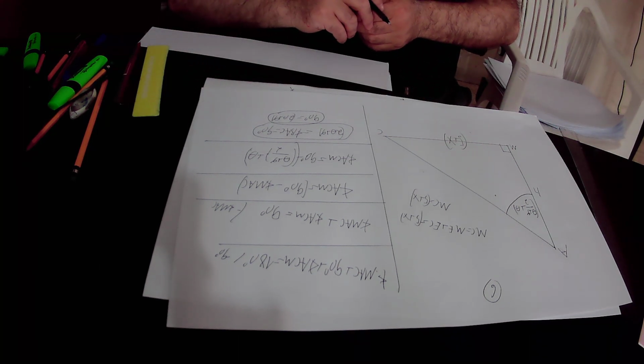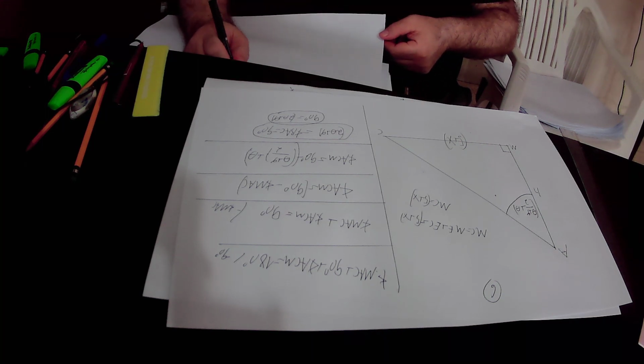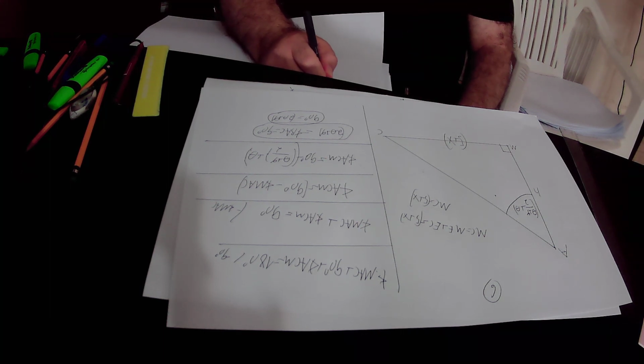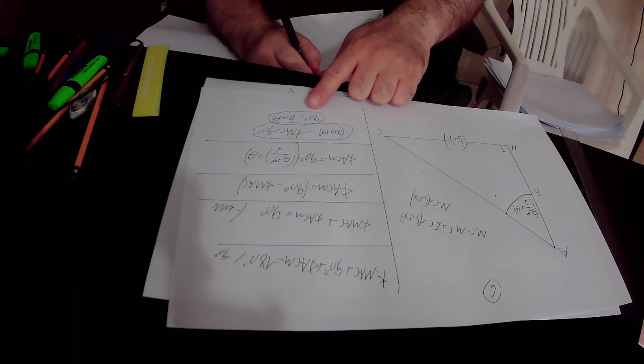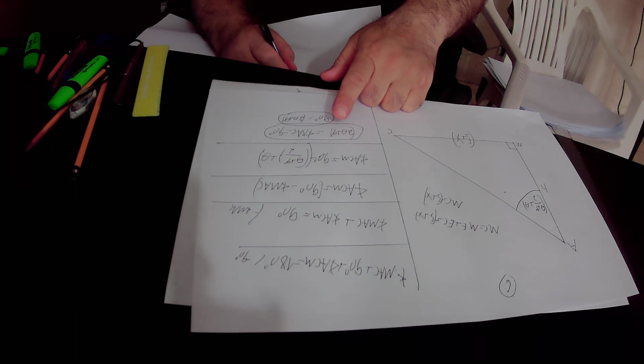So we'll do it now, and we will get that angle ACM, the angle that we are looking for, equals 90 degrees, that is 2 theta plus alpha, minus theta plus alpha over 2, plus theta.